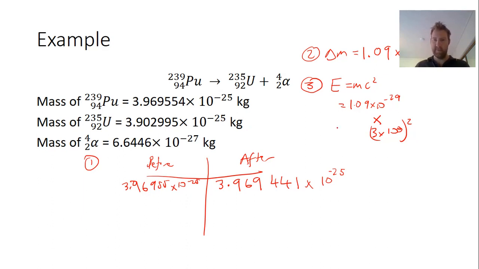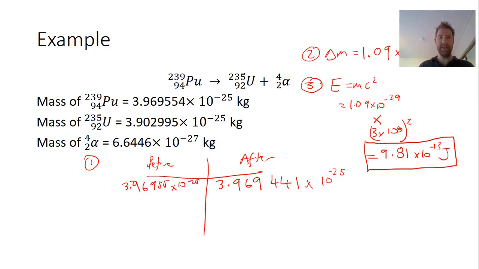That gives me 9.81 by 10 to the minus 13 joules. Now that's a small number. That's my final answer, okay? That's how much I get out when each atom decays. Very, very small number, 10 to the minus 13 joules.